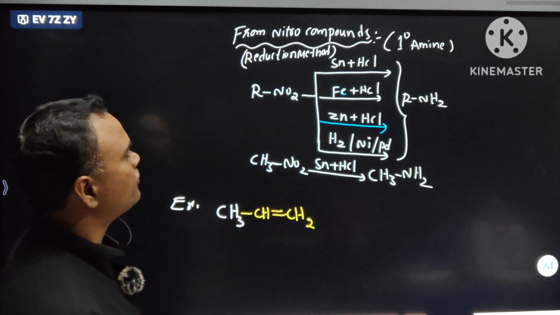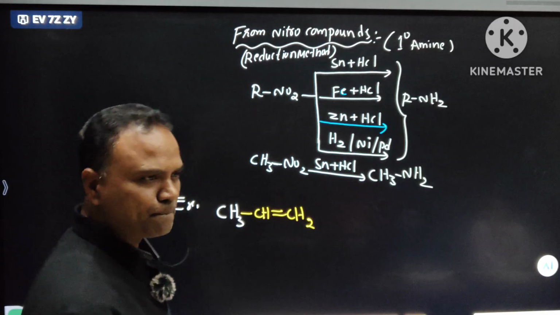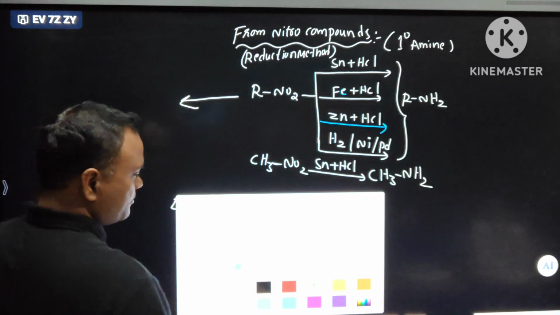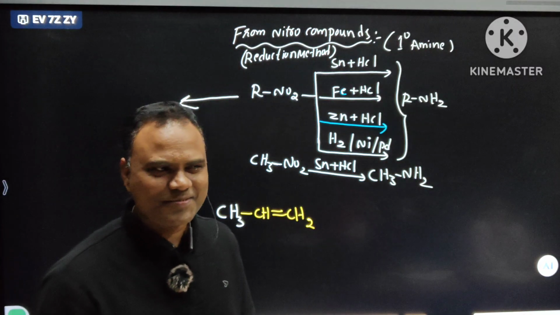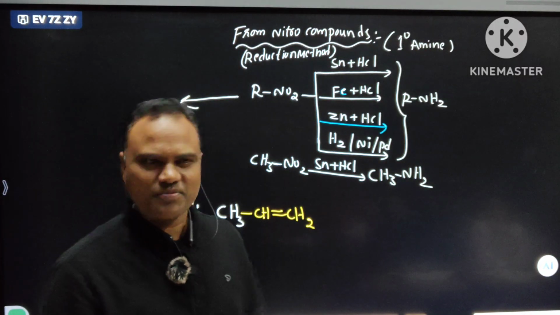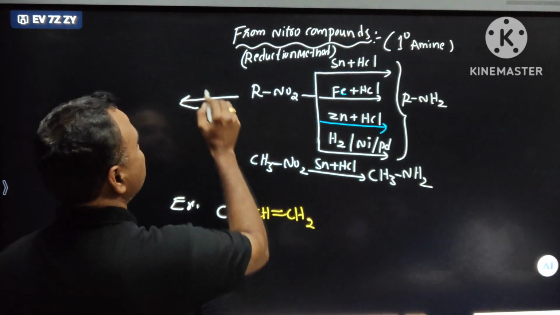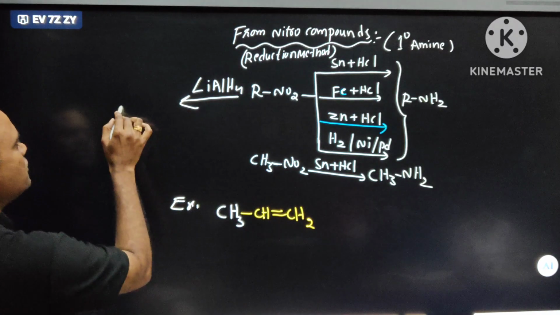You can add one important reagent, actually I forgot to give. This is the main one. Do you know that powerful reagent? LiAlH4, we have to write that first.